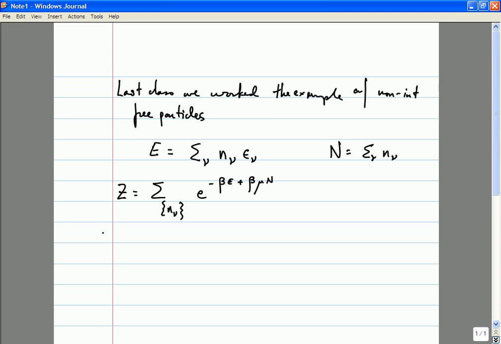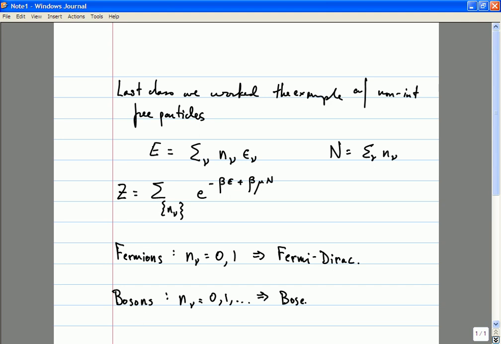And last time we considered the case where the particles were fermions, so that the particles obeyed the Pauli exclusion principle, so that these integers n nu had to be either 0 or 1. And this led to the Fermi-Dirac distribution. And today I would like to complete our discussion of this example by considering bosons, where n nu could take any allowed value, 0 up to infinity, which leads to what is known as the Bose-Einstein distribution.